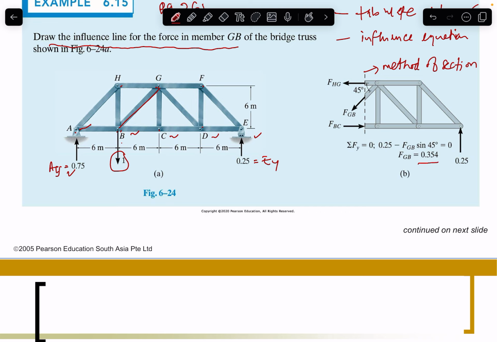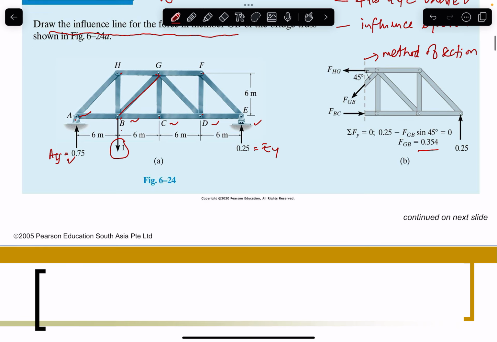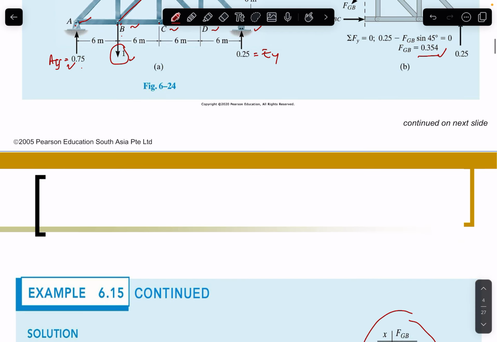For this example, they put 1 unit force at joint B. By giving a 1 unit force at joint B, they have AY equal to 0.75, EY equal to 0.25. So cut the section and you will have this FGB of 0.354.